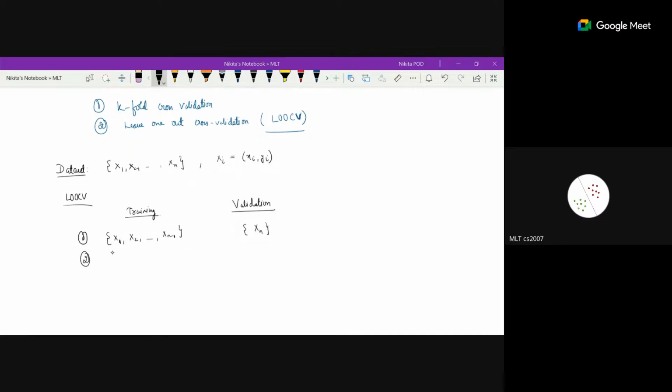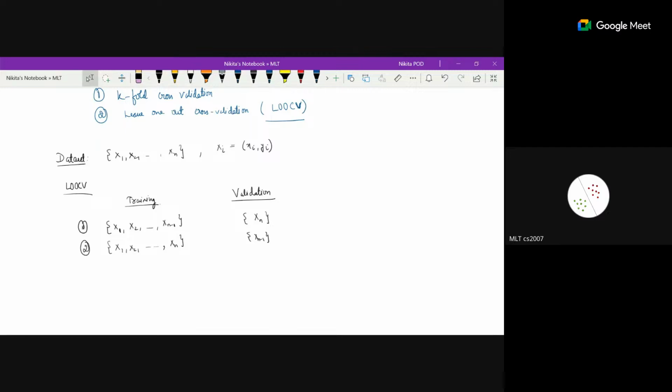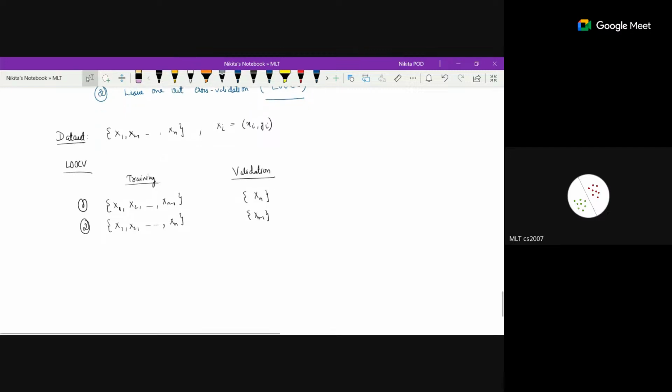The second would be that I do it till xn, but what I have left is xn minus 1, so that I will use for validation, right? And like this, you will have n different possibilities.